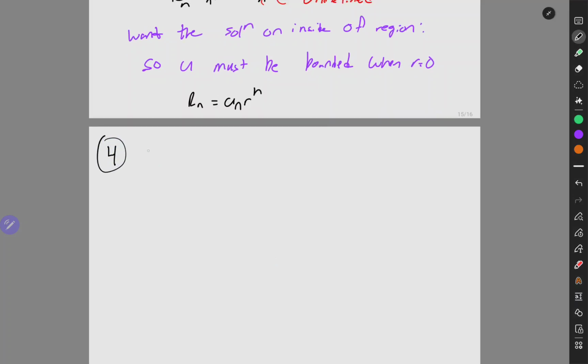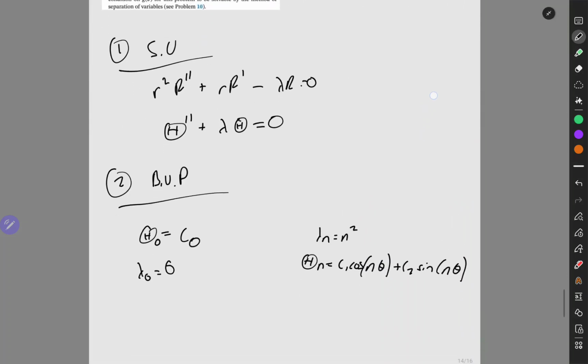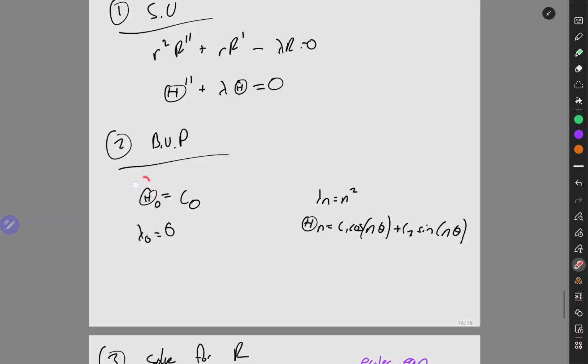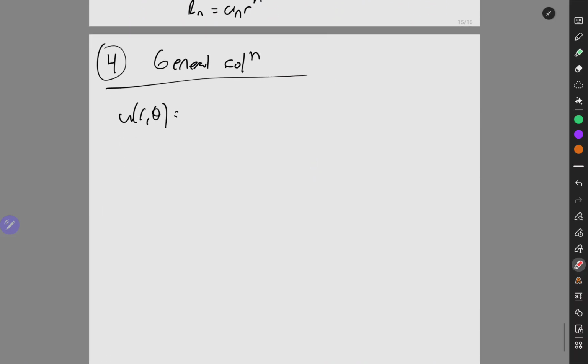Let's go ahead and just write out the general solution, right? You know how to do the fundamental set of solutions. It's the same thing, just an extra step. So u of r theta is equal to, for this problem, remember we have an a naught term because of this. That's technically c naught here.